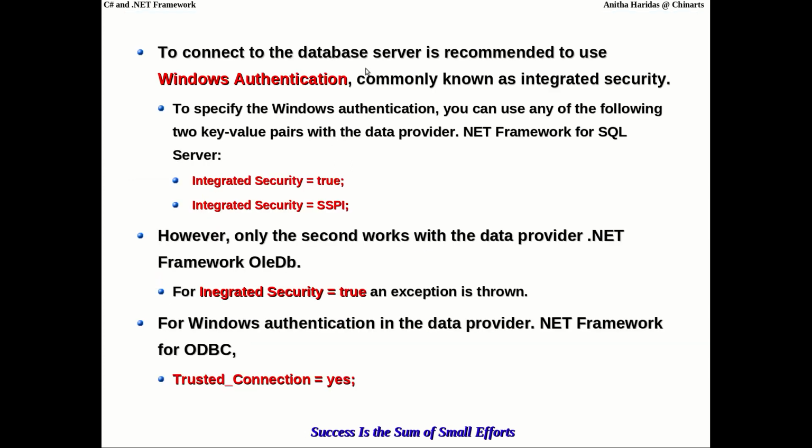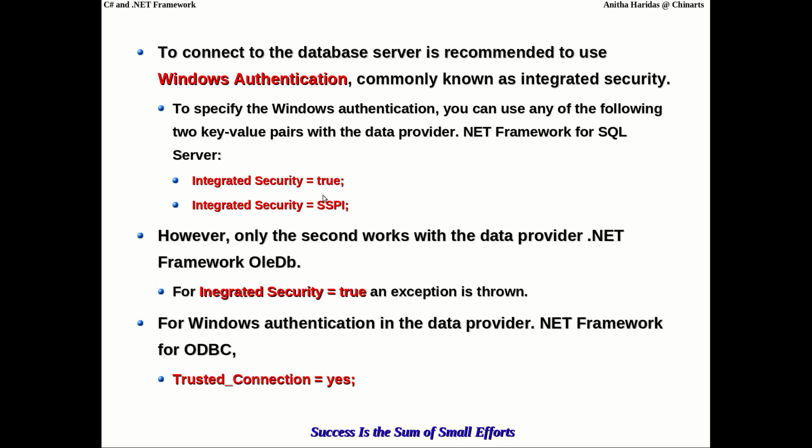If you want to connect to the database server, it is recommended to use Windows authentication. For Windows authentication, you can have integrated security equal to SSPI, or integrated security equal to true. When you are using SSPI, it is going to use Windows authentication.